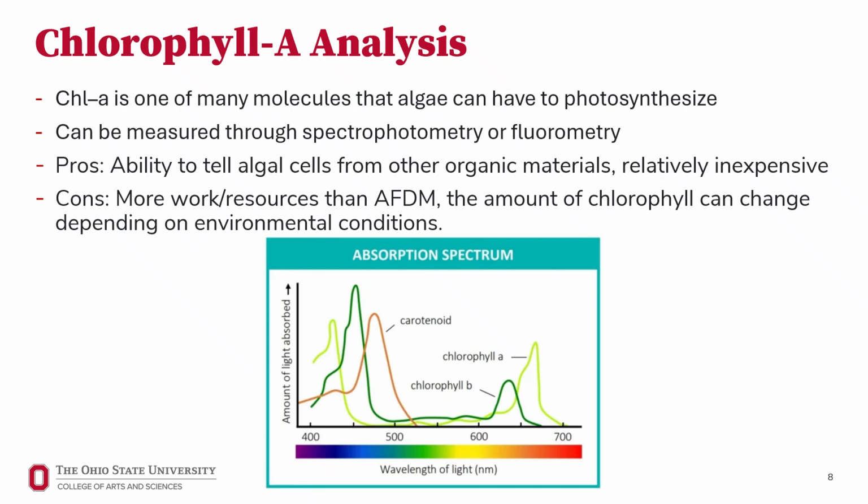And the amount of chlorophyll produced in a cell can change depending on environmental conditions. For example, in low sunlight conditions, the algae will work harder to absorb as much solar radiation as possible. In high sunlight conditions, the algae may not need to produce as much chlorophyll.